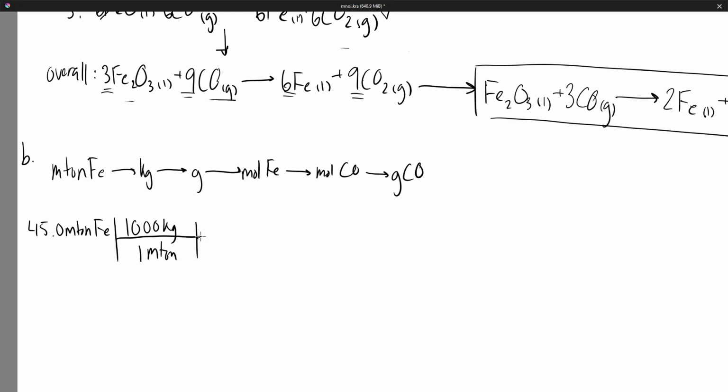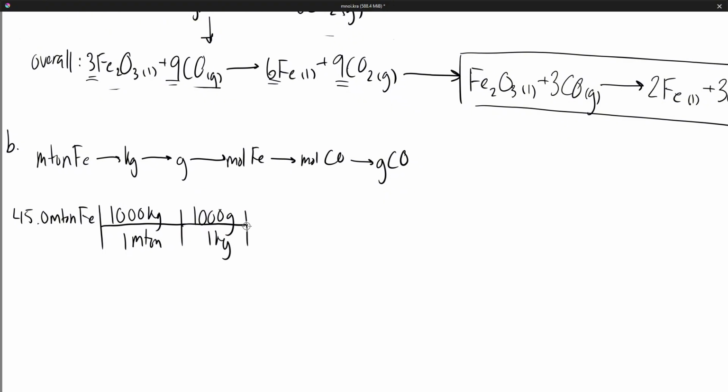Okay, now we've got to convert to grams. It's 1,000 grams for 1 kilogram. Now we convert into moles using the molar mass, which should be 55.845 grams of iron.